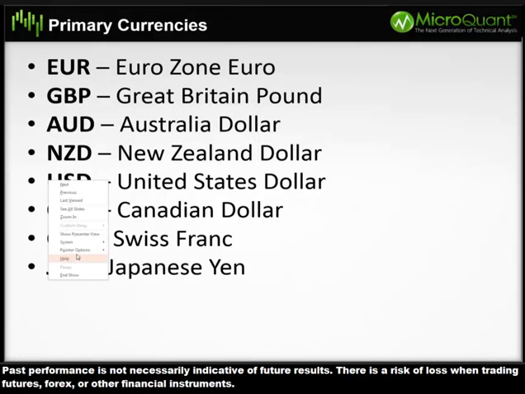So when we pair things up, if I bring up the pen here, that's how we get pairs like the GBP USD. The GBP is higher on the list, so this is going to be the base currency. This is going to be the counter currency.